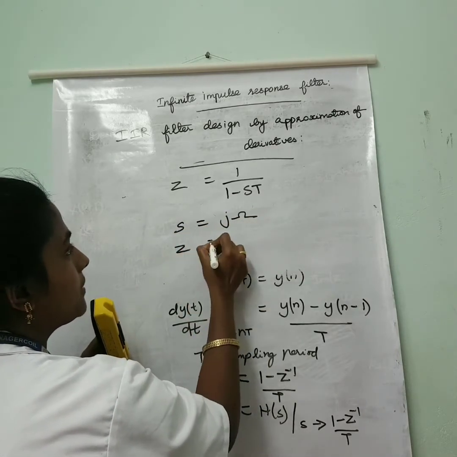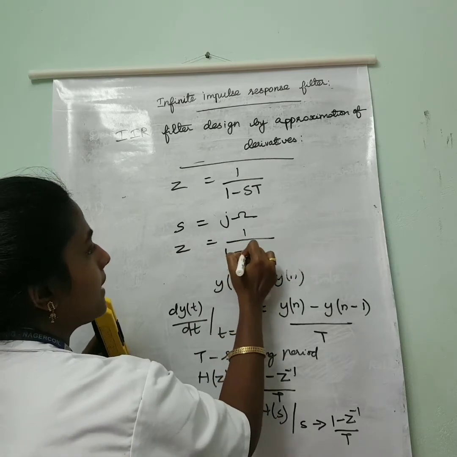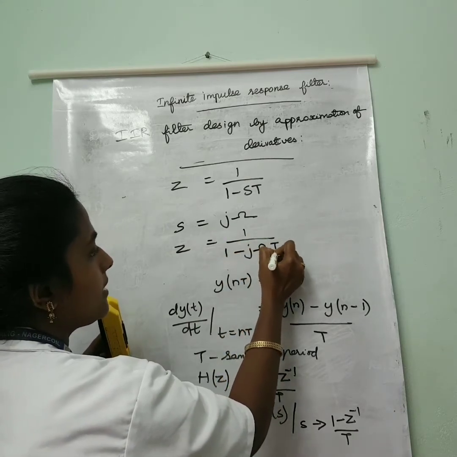Therefore, z is equal to 1 by 1 minus j omega T.